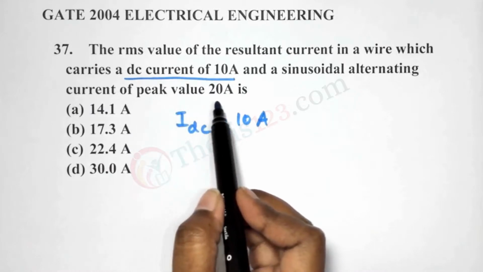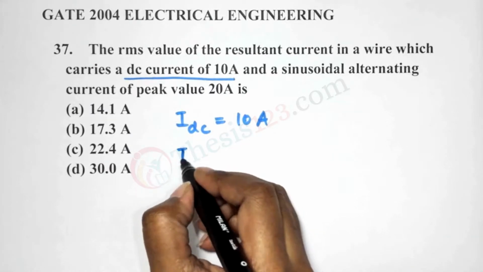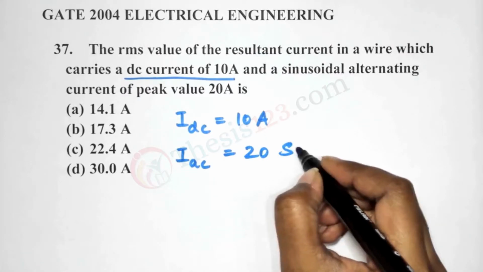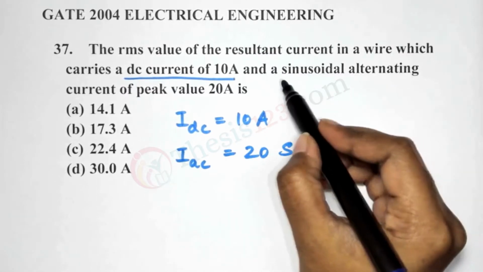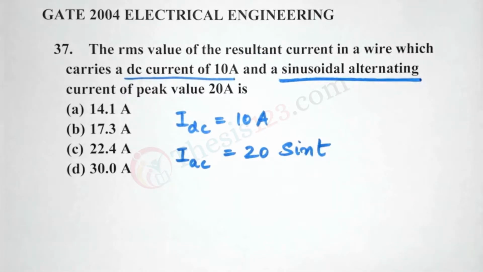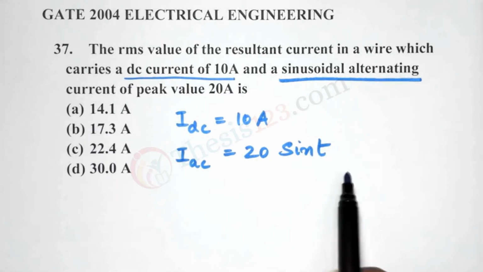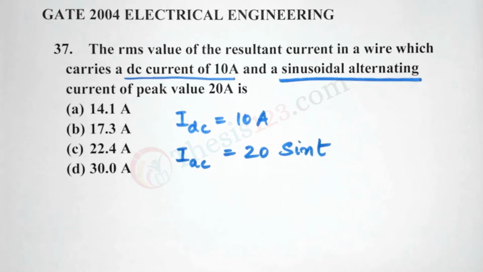Sinusoidal alternating current of peak value 20 amps. So IAC is now written as 20 sin t because we have to consider the alternating signal given, the sinusoidal alternating current. So 20 sin t is the expression.